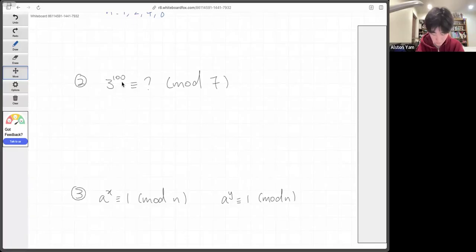Even though I just said we can't compute 3 to the 100, let's still try our hands on some small cases and see where that gets us, right? Because I think it's always nice to do some small cases beforehand. So we can have 3 to the 1 is congruent to 3 mod 7.